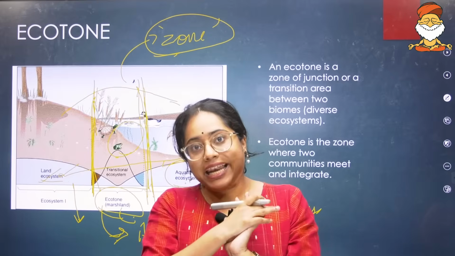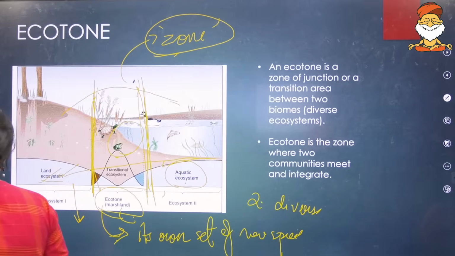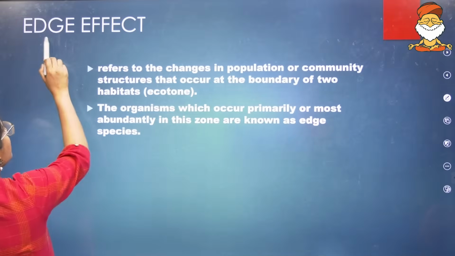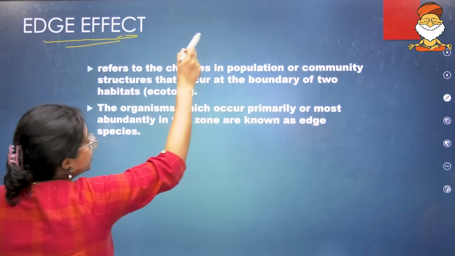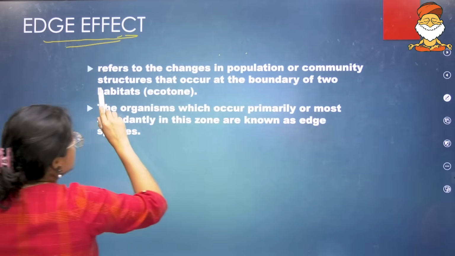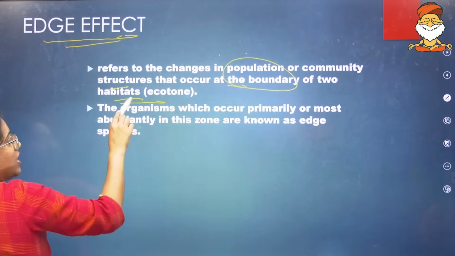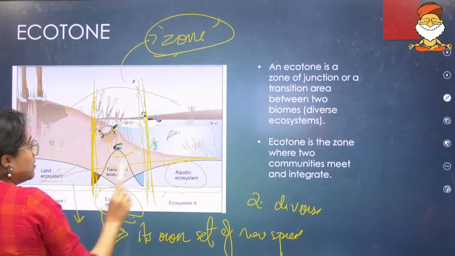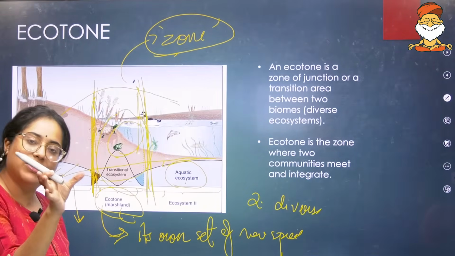So in an ecotone, you do see a higher degree of varied species, and this is called the edge effect. It refers to the changes in the population or community structures that occur at the boundary of two habitats. Boundary of two habitats is primarily where? This one. This is the boundary of this, and this is the boundary of this. What is happening in the boundaries, in between area?